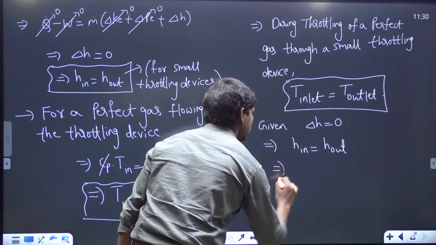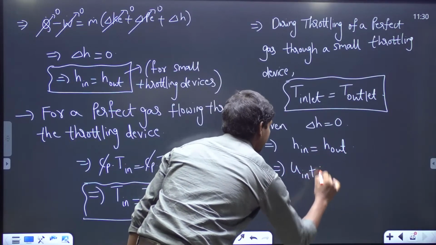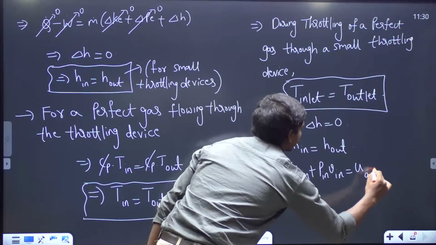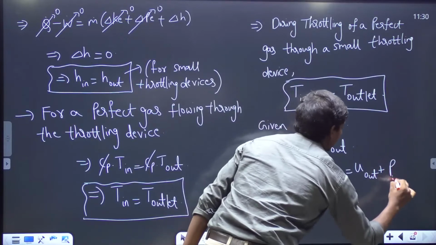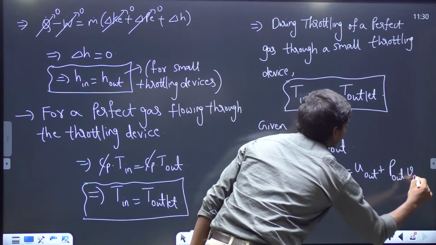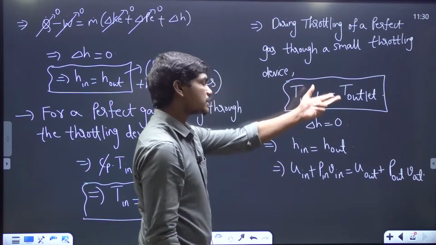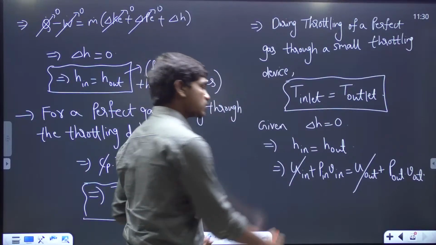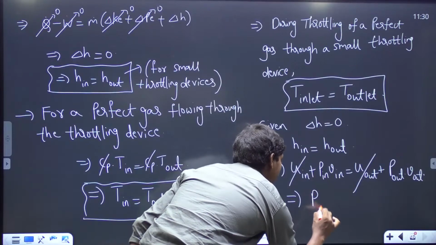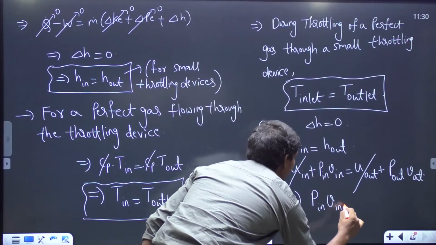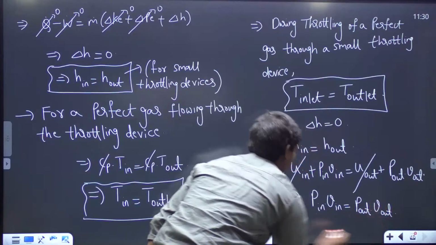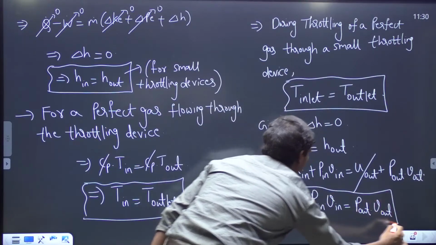So this implies U at inlet plus P inlet V inlet is equal to U at outlet plus P outlet into V outlet. So if you see, if temperatures are same, then this internal energy, which is a point function, is also same. Okay? So which implies P inlet into V inlet is equal to P outlet into V outlet.